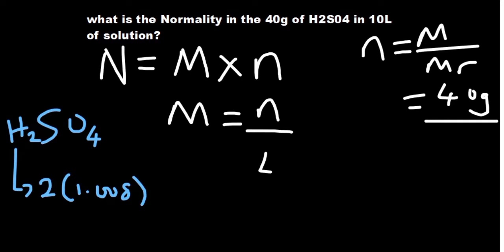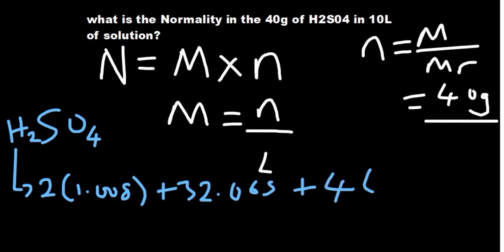So sulfur, the molar mass of sulfur is 32.065, so we'll say plus 32.065, and we have 4 oxygen atoms which are 15.994.